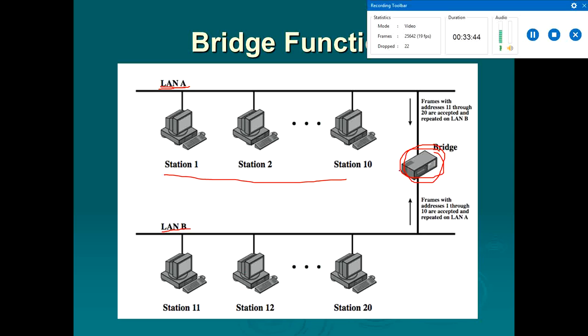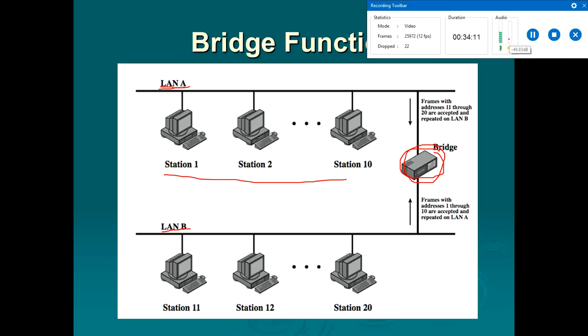Let's understand the action of a bridge connecting two LANs, A and B, and we assume that both LANs use the same MAC protocol. A single bridge is attached to both LANs, and frequently the bridge function is performed by two half bridges, one on each LAN.